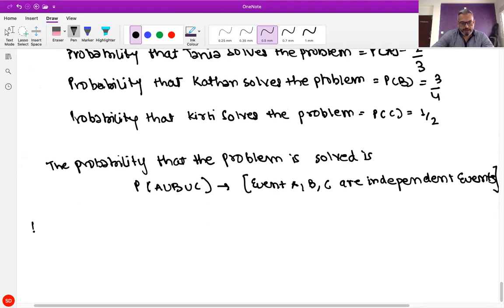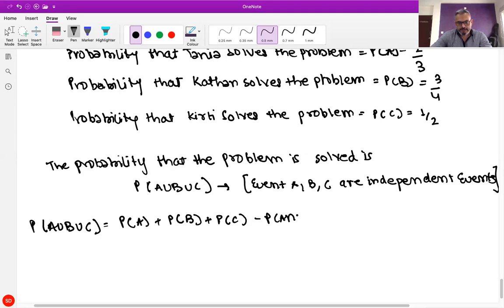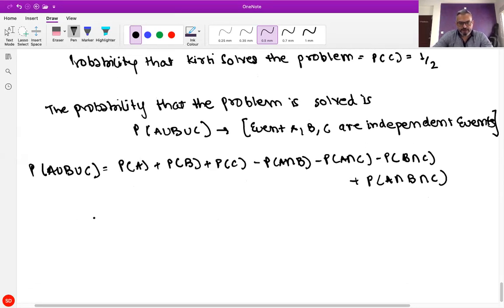So keeping this in mind, P of A union B union C is equal to P of A plus P of B plus P of C minus P of A intersection B minus P of A intersection C minus P of B intersection C plus P of A intersection B intersection C. Now, because they are independent events, तो जहाँ intersection है वहाँ पे हम multiply करेंगे.